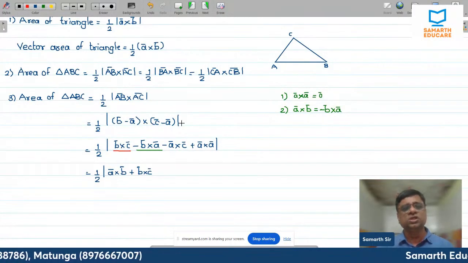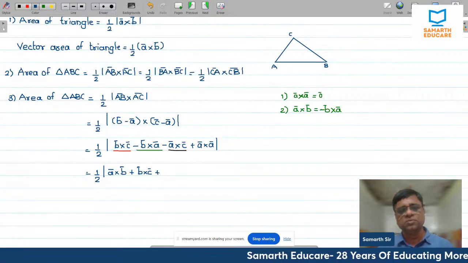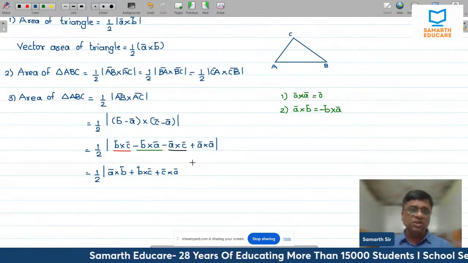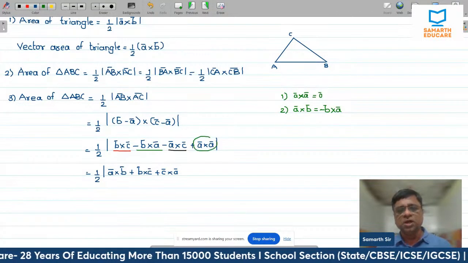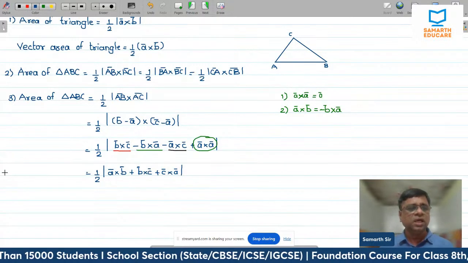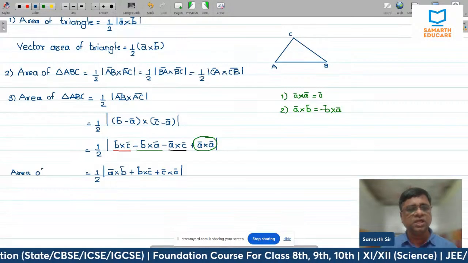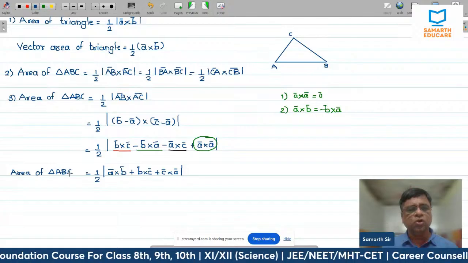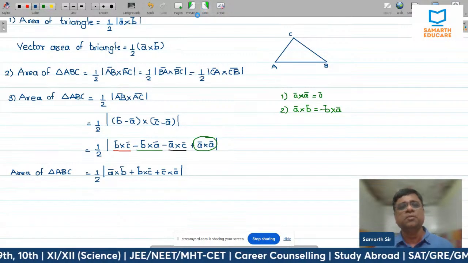Now I am changing this: minus A bar cross C bar becomes plus C bar cross A bar. If I change the order, the sign will change. And this A bar cross A bar is 0 bar, as I discussed. Hence, the area of triangle ABC can also be expressed as half of A bar cross B bar plus B bar cross C bar plus C bar cross A bar.